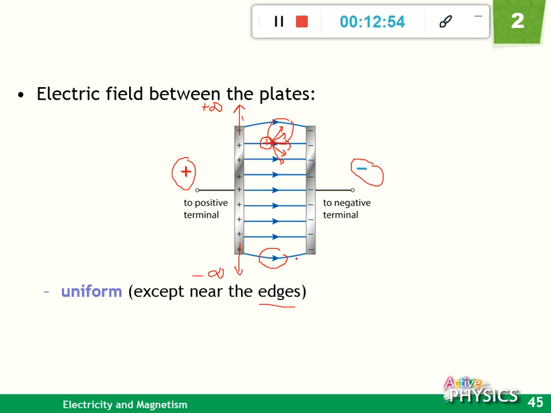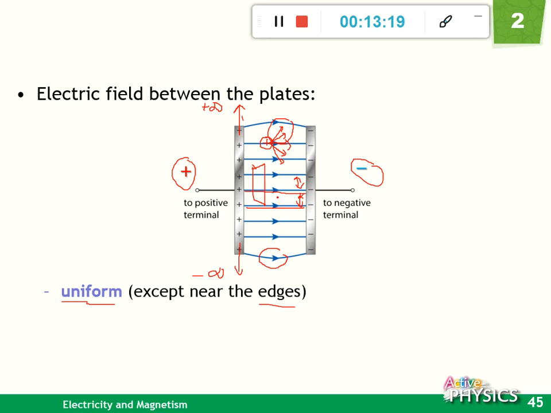Okay. The other part, we can say is uniform. Uniform means that they are parallel to each other, and also the separation between them should be even. But what's the meaning of should be even? If I put a unit area here, you can see that two lines pass through it.